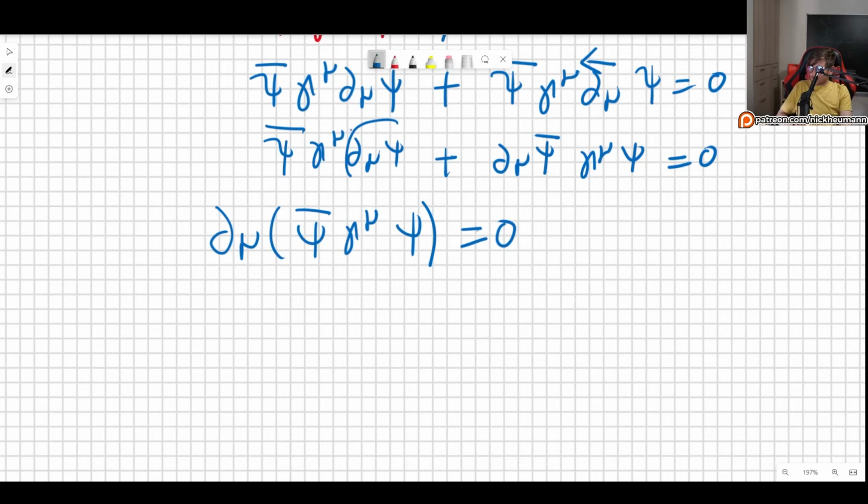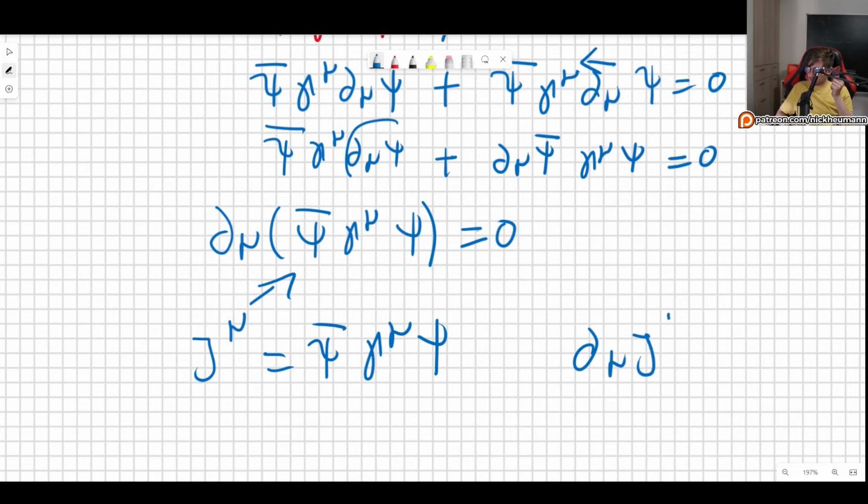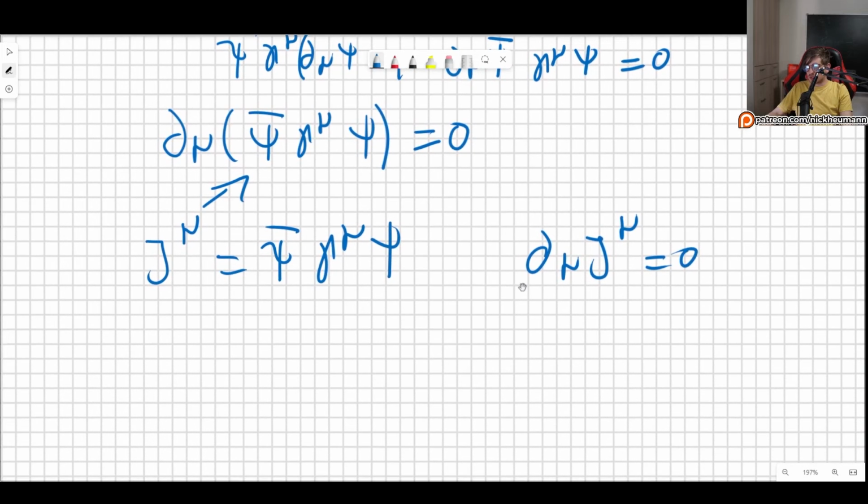So this thing right there is what we get, and this is a continuity equation. If we define our four-density current vector to be j^μ = ψ-bar γ^μ ψ, then we get ∂_μ j^μ = 0, and that's exactly the continuity equation that we wanted. That's what we're looking for.